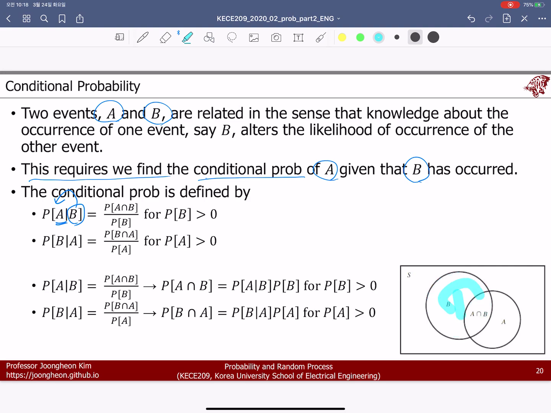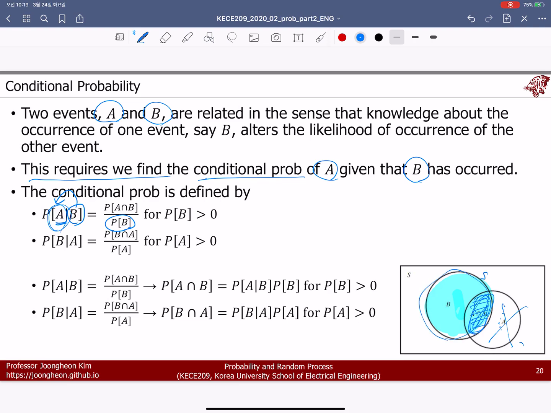Among this given space, our interest is A. That's why here our A is here. This space is not in B. That's why these are not our interest. Only this space is our interest. That's why we can say that P of B is our given condition. Okay, this is our new sample space.